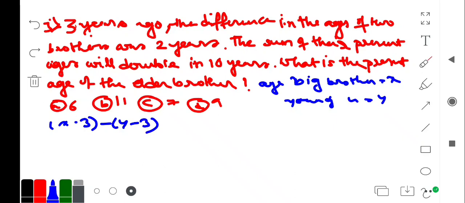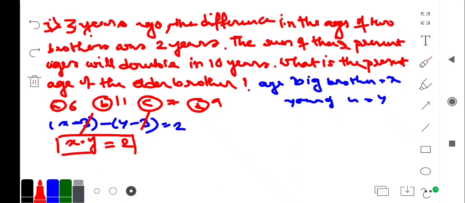That is their present age minus 3, right? 3 বছর আগে মানে প্রত্যেকের প্রেজেন্ট এজ থেকে 3 বছর কম, that equal to 2. Okay, so this is cut, x minus y equal to 2 we get.